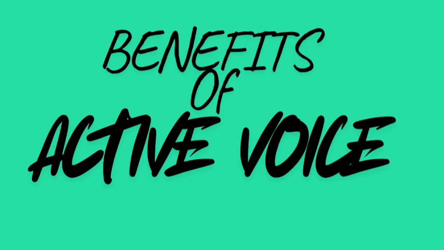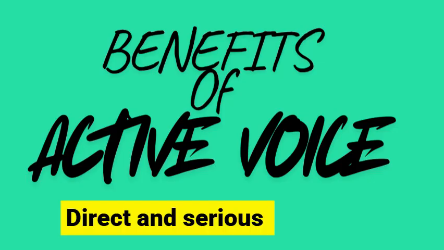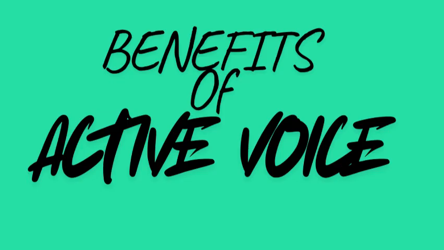Now, the active voice is regarded as more dynamic and more compelling, because writers often favor it for its directness and seriousness, which make it especially effective in situations where it's important to highlight the subject performing the action.